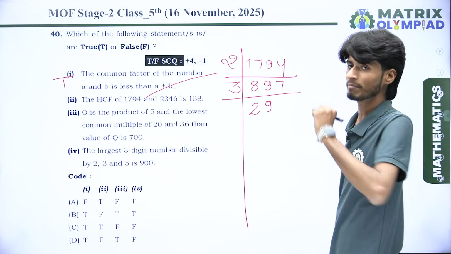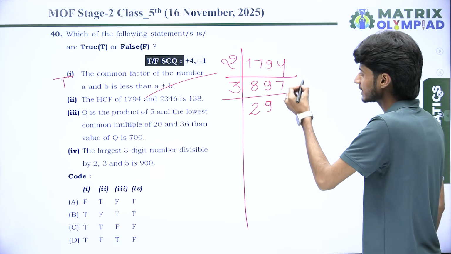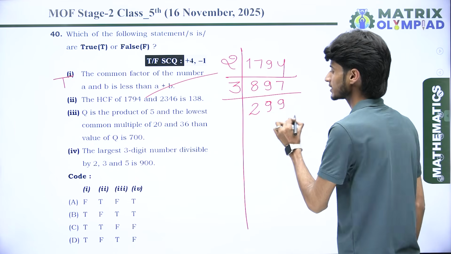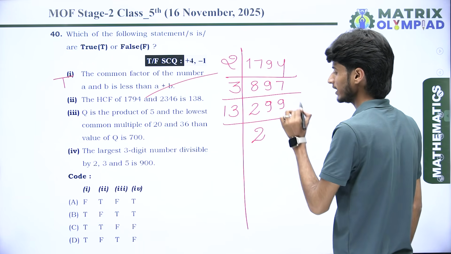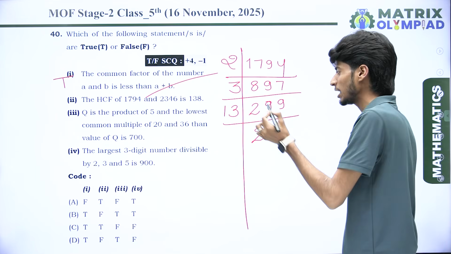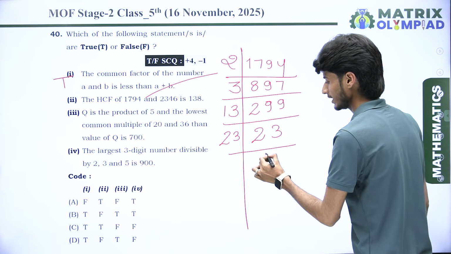We get 2 as a remainder whenever we subtract 27 from 29. And the next digit is 7. So we get 27. So 9 3s are 27. Let's take 13. Then you get 13 2s are 26. Remainder 3. Next digit is 9. Then 39. That means 13 3s are 39. So the last number is 23.